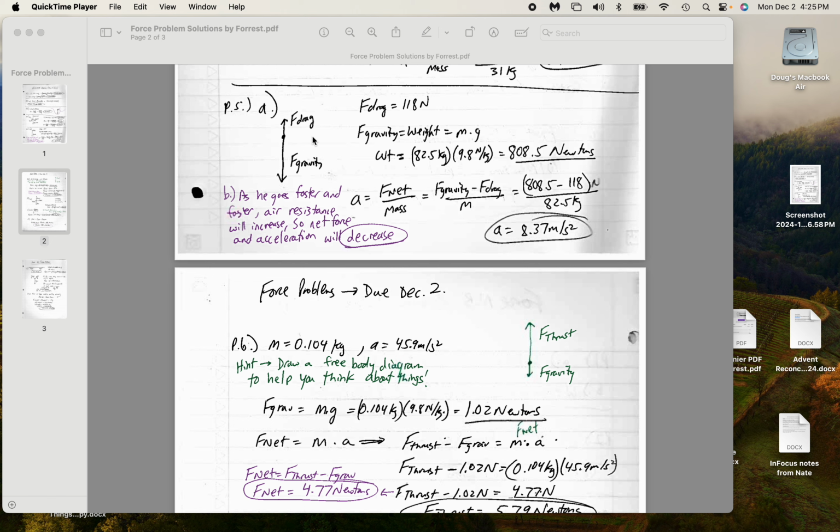You've got the mass, you've got air resistance, so the acceleration is due to the net force over the mass. So you want to find out the gravitational force. That's 808.5 newtons. That and the drag, or the air resistance, are acting in opposite directions, so we subtract the forces, and that gets you the acceleration. The faster and faster you go, the more the drag is, and so your acceleration would actually decrease.